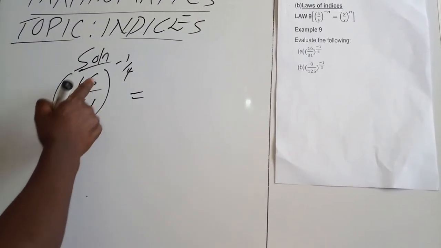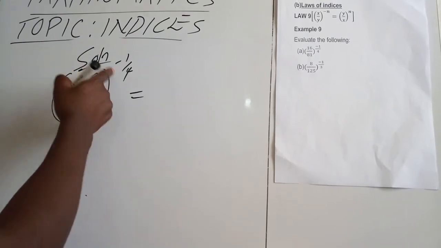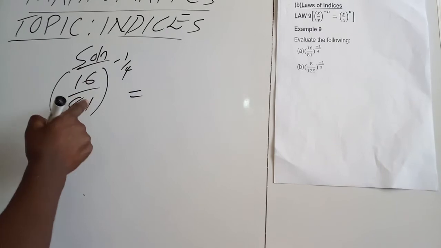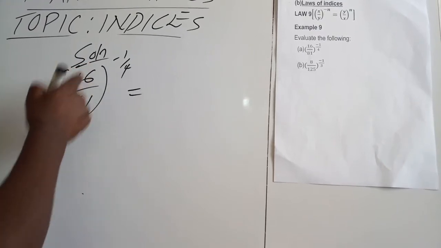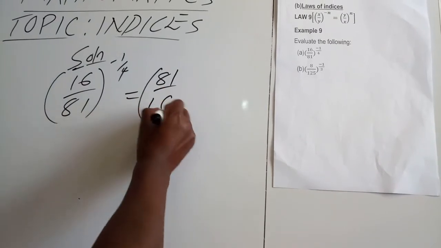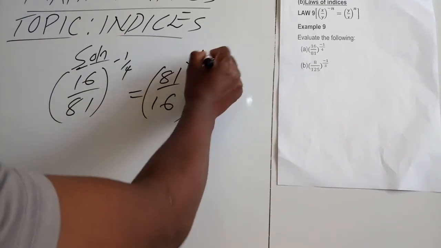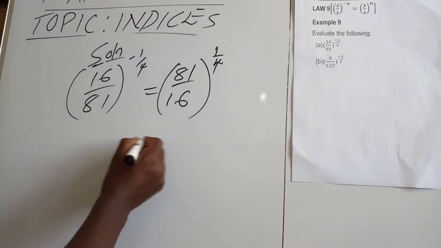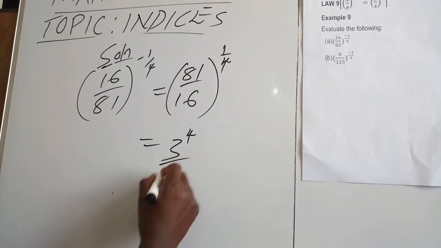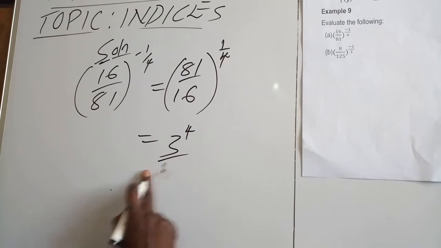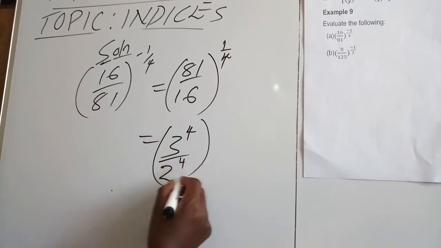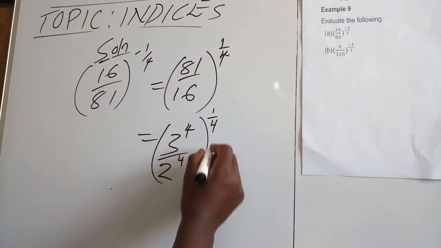We have said x over y power negative n will be y over x power n. So I'm going to find the reciprocal inside the brackets to give me 81 over 16. Then that power changes to positive. Then recall that 81 on its own is the same as 3 power 4, and 16 is the same as 2 power 4. And we maintain that initial power there.